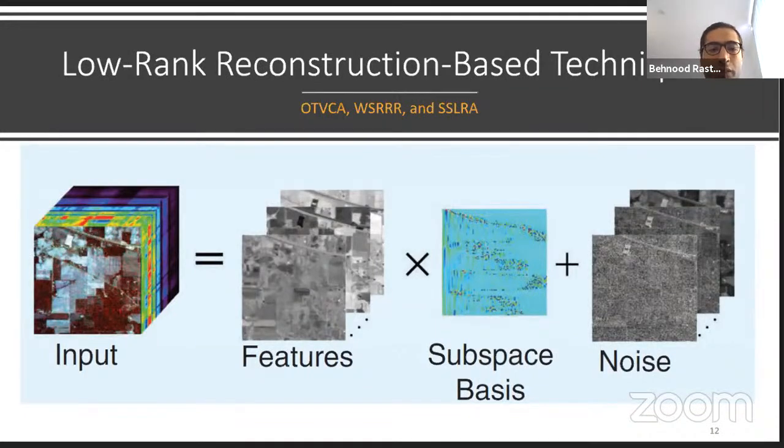In a little bit more advanced techniques, we model our data a little bit differently. The input data is the multiplication of a few representative features times the subspace basis plus noise.